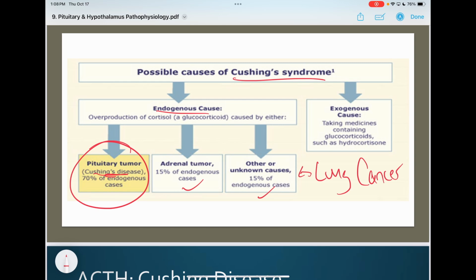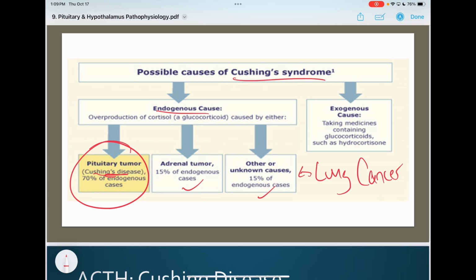The problem with that: where is the negative feedback for ACTH? The pituitary gland. Why the pituitary gland? It has receptors for ACTH to turn it off, and receptors for cortisol to turn off the pituitary when we have too much. The problem with these oat cell tumors is they don't have receptors for ACTH or cortisol.